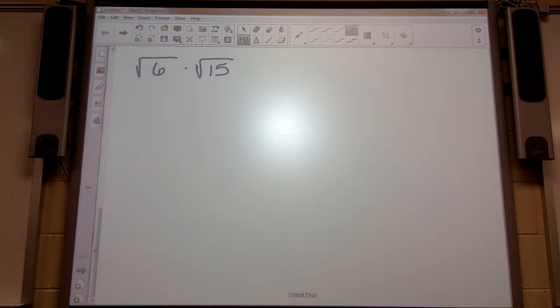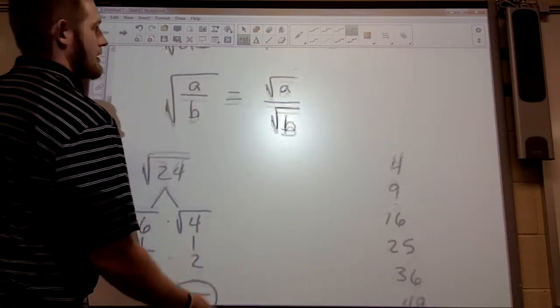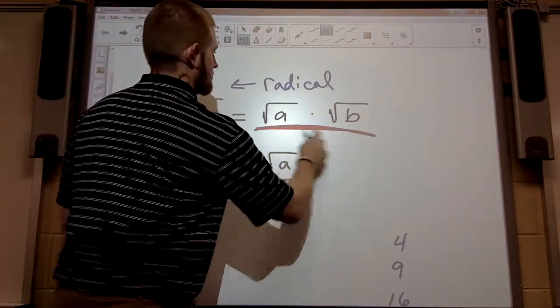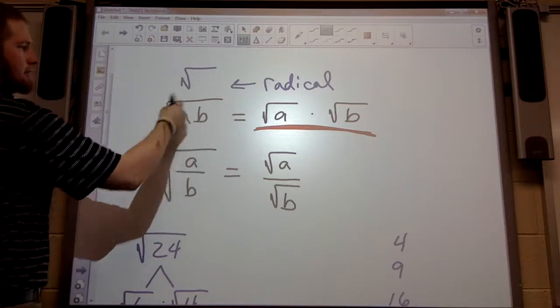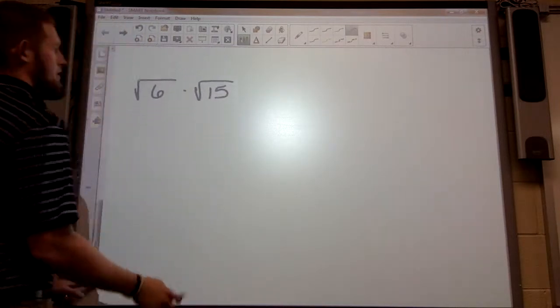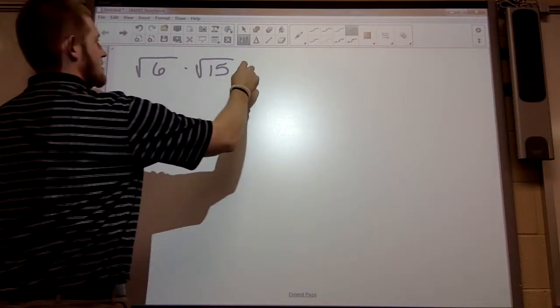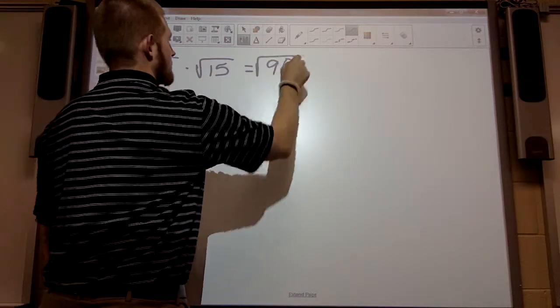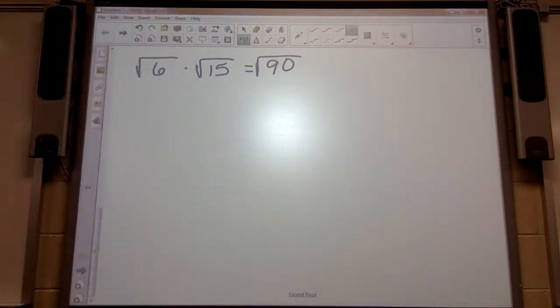So our first step, we need to get this stuff combined, because I know if I'm multiplying two radicals that I can write it under one radical. So let's multiply 6 times 15, which is the square root of 90. Don't forget your radical. You have to have that there or it's not going to be correct.